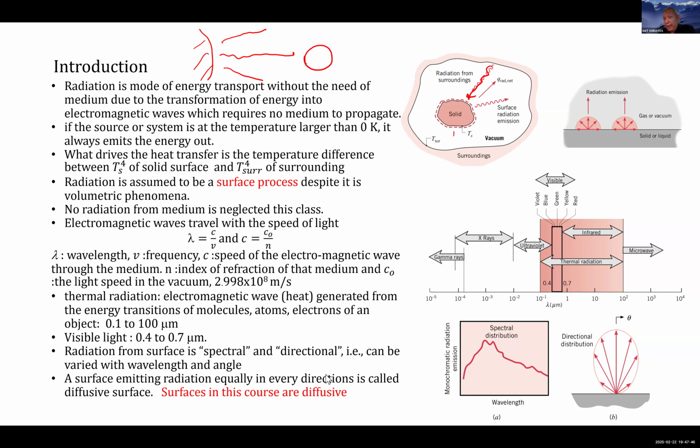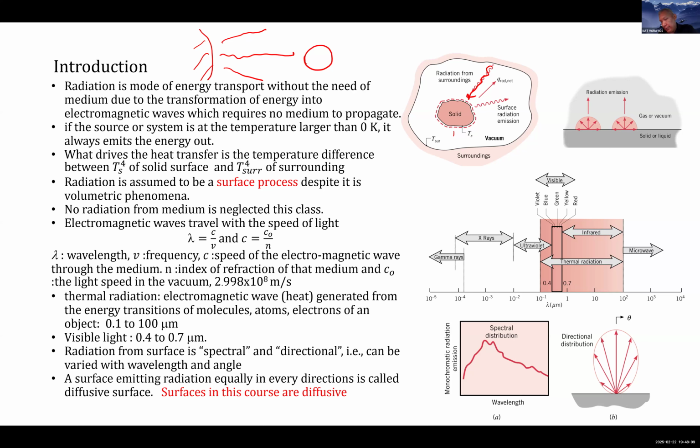So, speaking of which, when you have a surface, it can emit energy. Every point of the surface, when you talk about each of them, will emit energy in every direction. And it doesn't have to be equal in every direction.